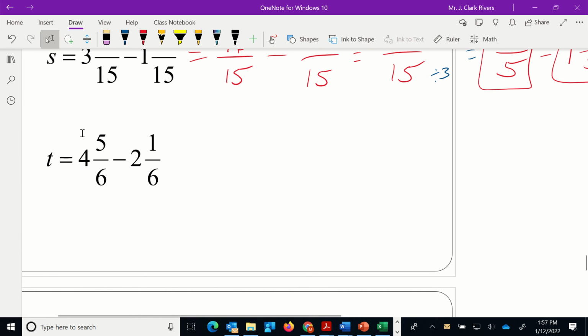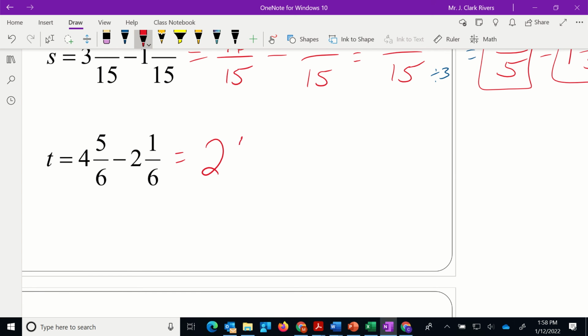This one's a little bit easier because, again, the whole number on the left is larger than the whole number on the right. The numerator on the left is larger than the numerator on the right. So, Campbell, what's this one going to be? 4 minus 2 is? 2. 5/6 minus 1/6 is? 4/6.